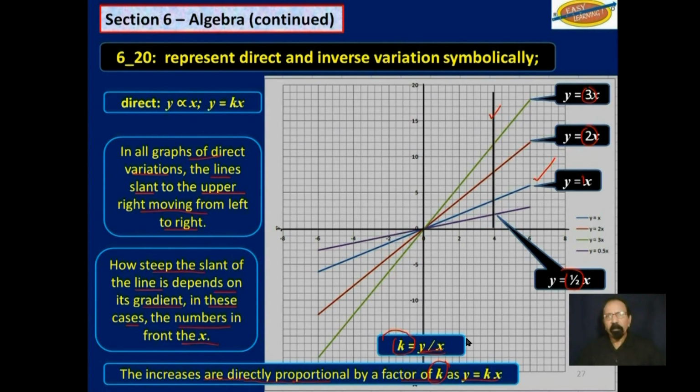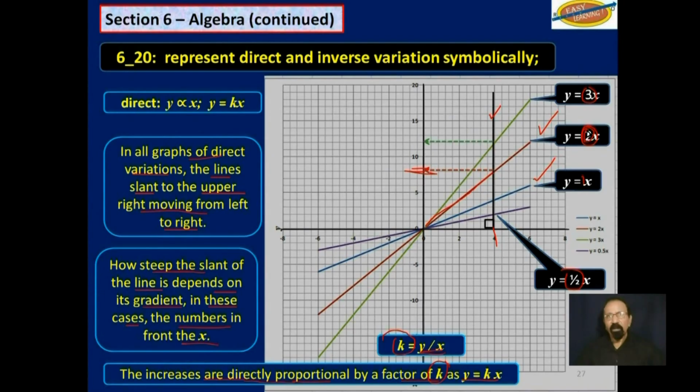So if we draw a perpendicular up here, and we consider this one here, notice we have a triangle here. We could find a gradient, which will be increase in y over increase in x. Increase in y here is 8, increase in x is 4. You divide 8 by 4, you get 2.